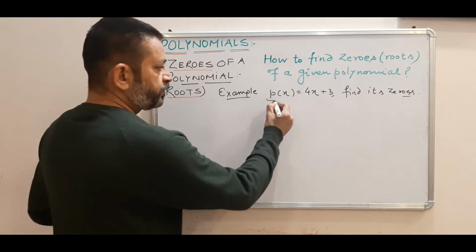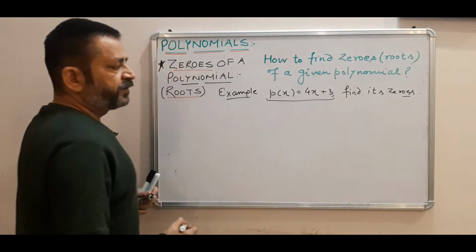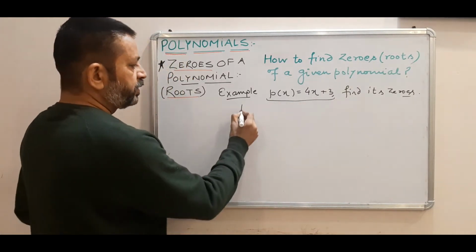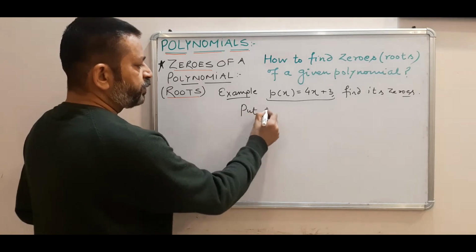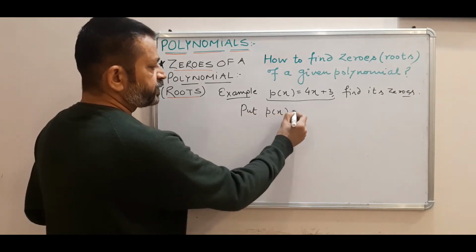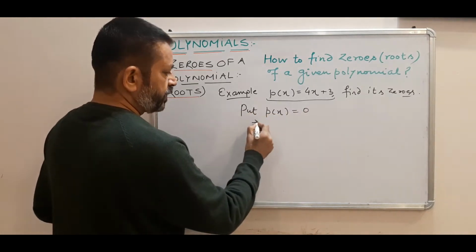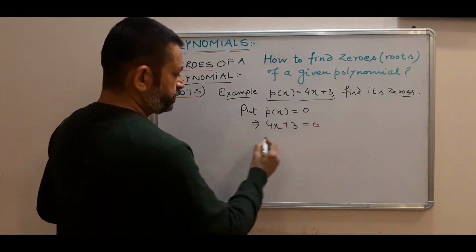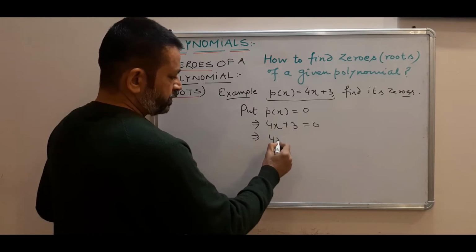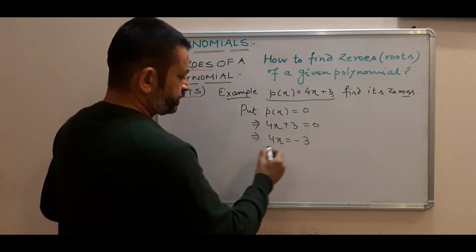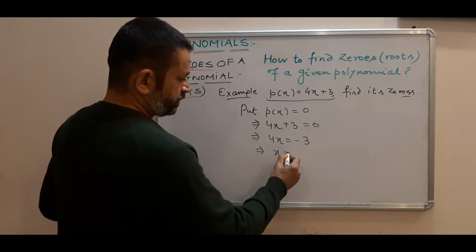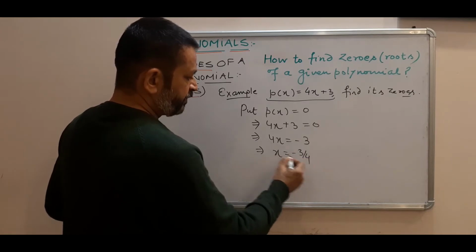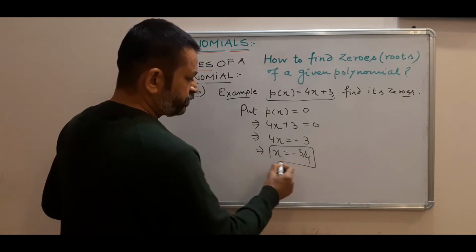Now to find the zeros of this given polynomial, what we will do is put p(x) is equal to 0. It means 4x plus 3 equal to 0. We'll solve it for x. So x will be minus 3 by 4.